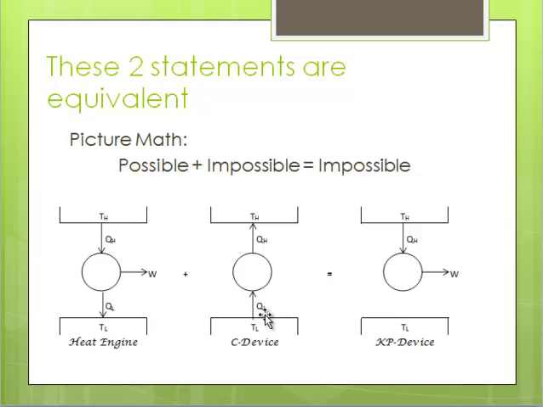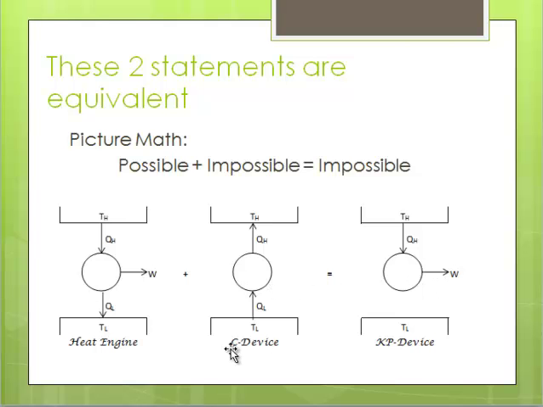I want to size this so these two are exactly the same, and then these will cancel each other out somewhat, but not totally, because QH is going to be the same magnitude as QL, just in opposite directions. If I think of these as vectors, then I'm going to have a QH that's smaller than what I had originally, but it's going to balance with my work if the first law still holds.